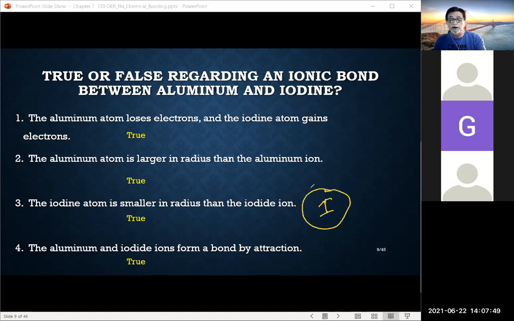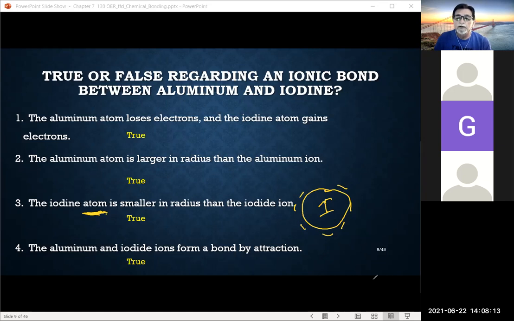How many electrons would the iodine atom have in the valence shell? 7, exactly. So I've got 1, 2, 3, 4, 5, 6, and 7.